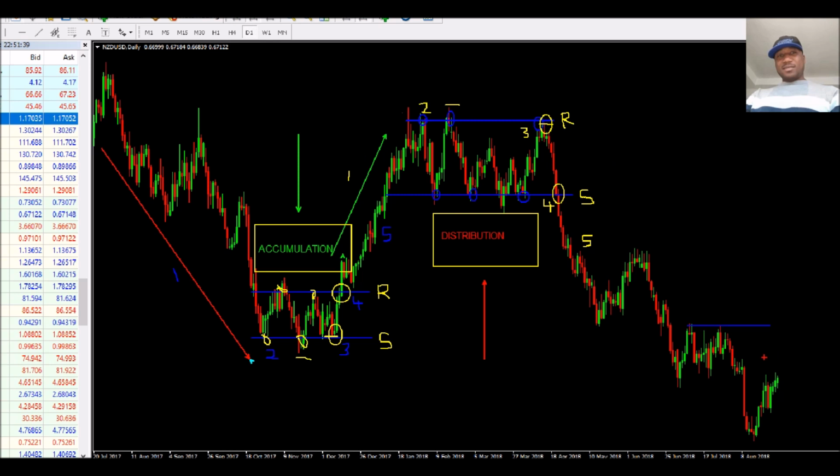Again, to the downside, right? You can see at this point, now the market went to the downside. So downside, range, upside, range, downside, and now you will see a range again happening. So this is how to trade the accumulation and distribution phase in the market.